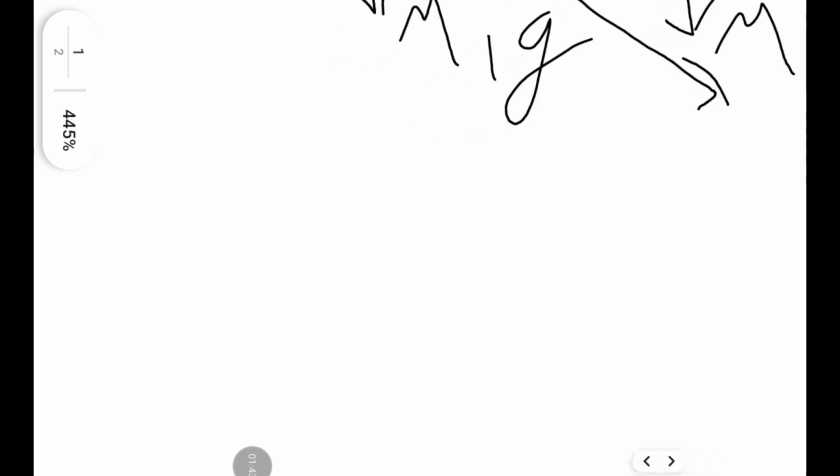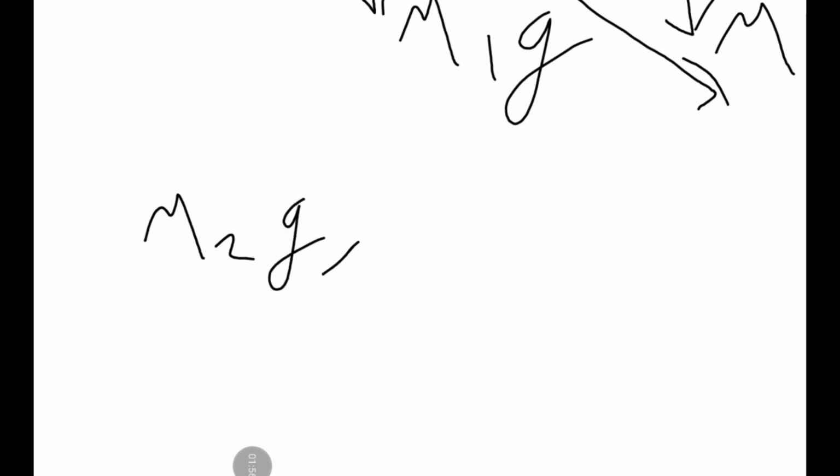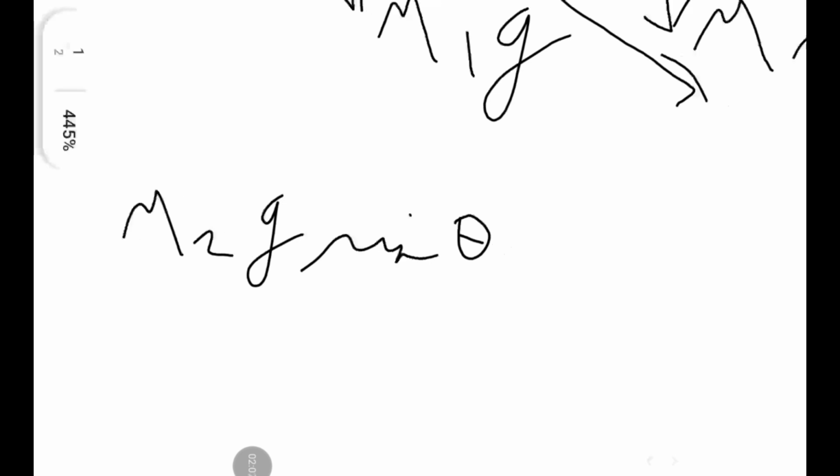It's going to be like this: mass 2 times gravity, sine of theta. We know that from earlier videos; that comes from the sine value down that incline.